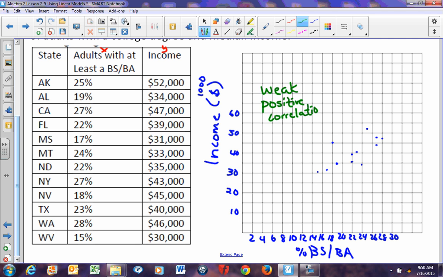If I wanted to make a prediction, I could draw a trend line and make a prediction off of that. For example, what's the median income for a state where 30% of people have a degree? But that's how you make a scatter plot.